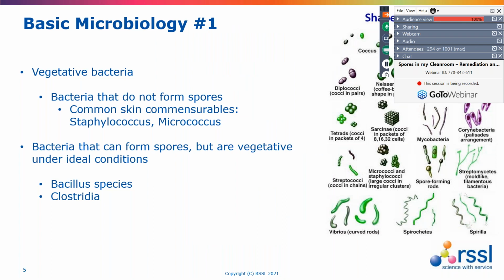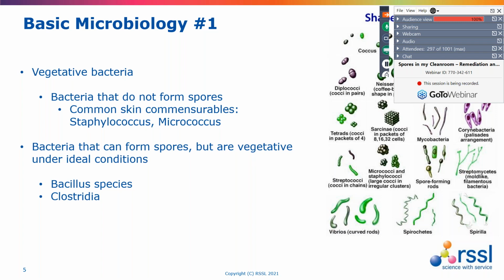But just to begin with, just to set a baseline, I'm going to go through some very simple microbiological differences. All bacteria that are living and dividing are in what's termed the vegetative state. For the vast majority of bacteria, this is their only state.